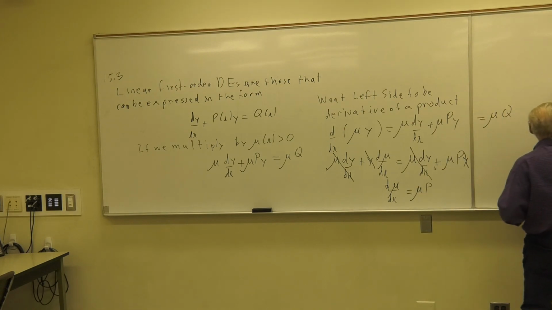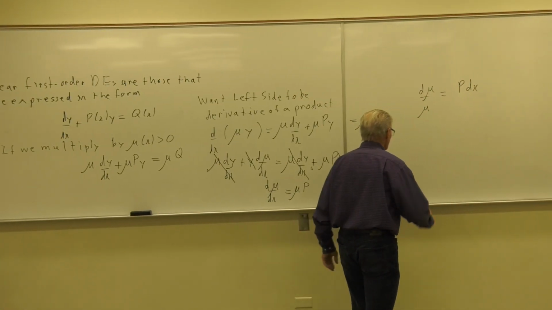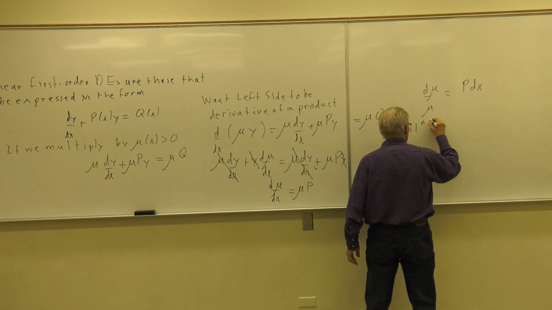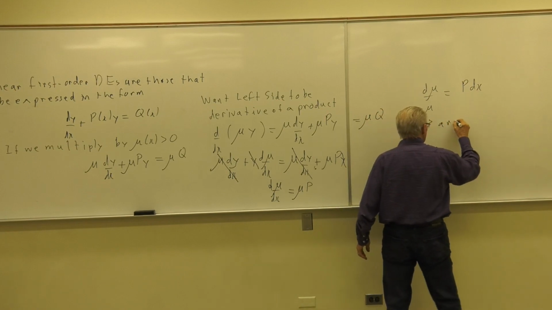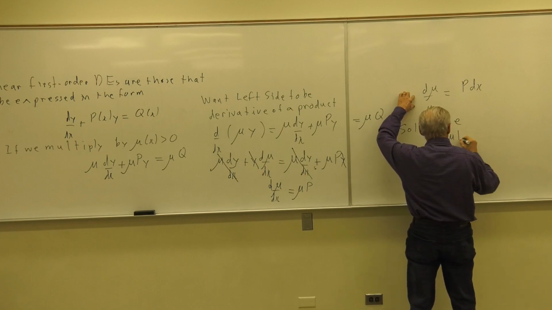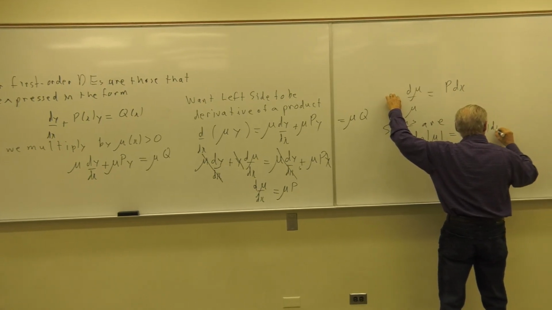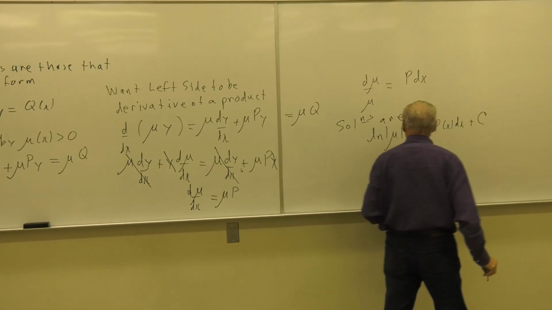We could write that d mu over mu is equal to p times dx. And therefore solutions are, integrating, the logarithm of the absolute value of mu is equal to the integral of p of x dx plus c.